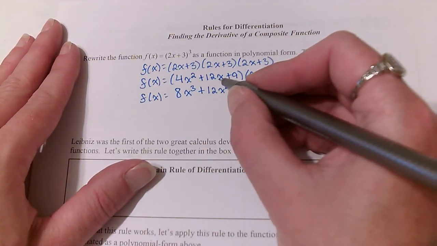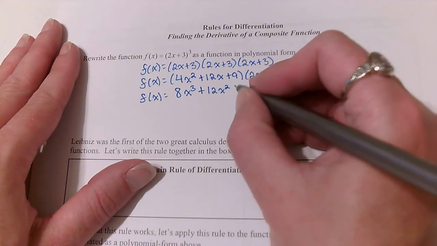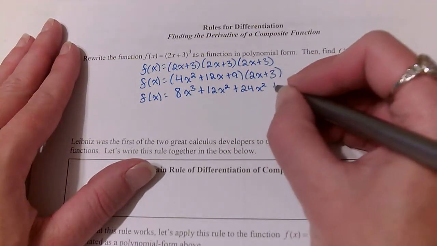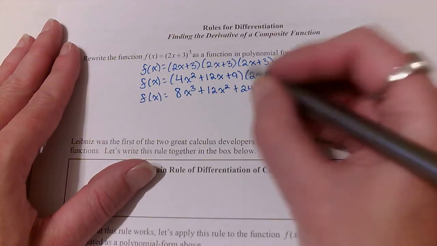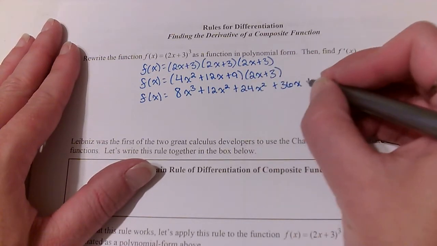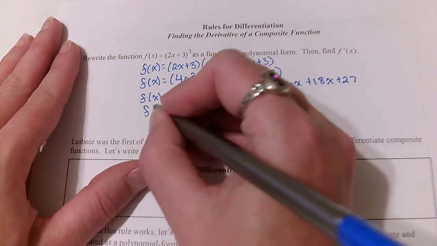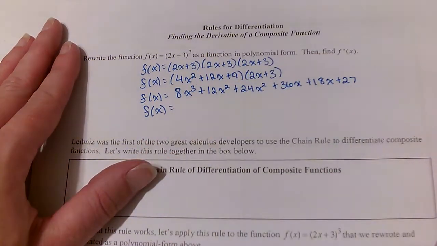Now distribute the 12x. 12x times 2x is 24x squared. Then I'd have 36x. Now distribute the 9. It's long. Combine like terms.